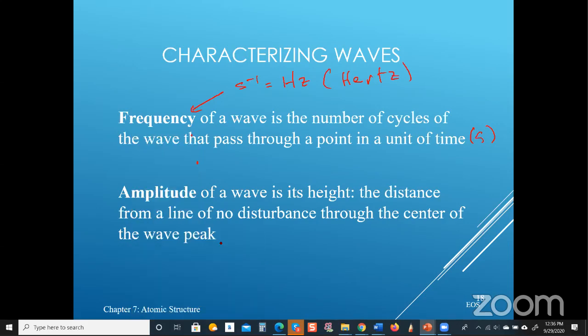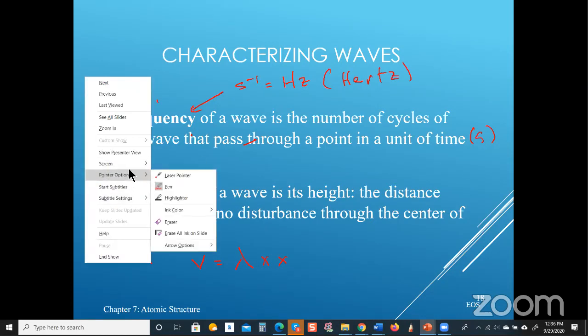According to the definition of the speed of the wave, I'm going to use v to represent it. That would be equal to the wavelength, which is lambda, times the frequency. And by the way, the symbol that is used for frequency is the Greek letter nu.